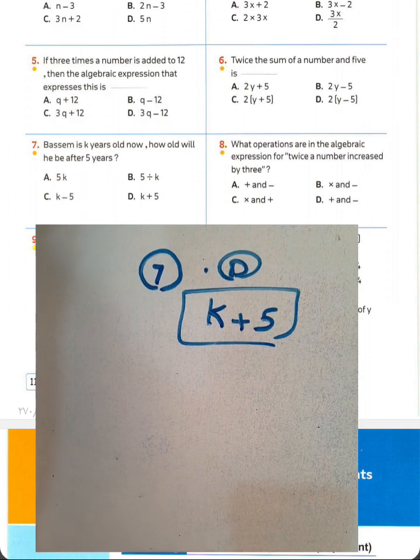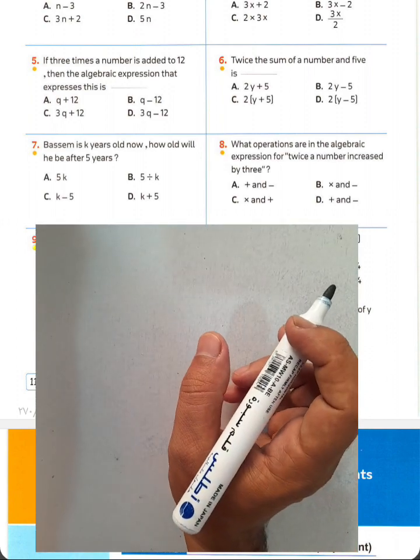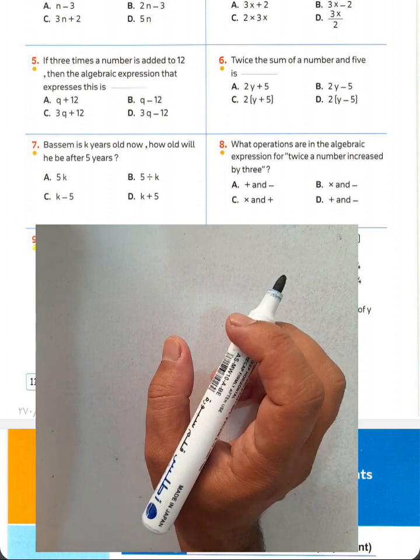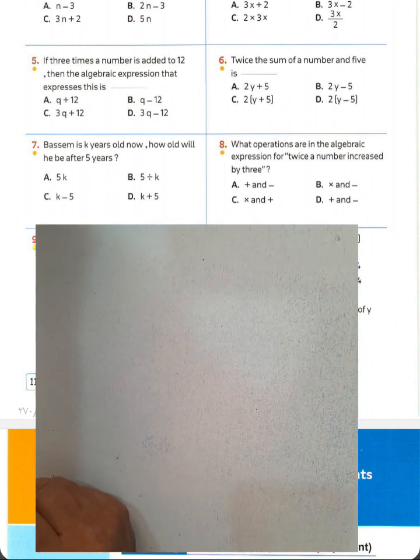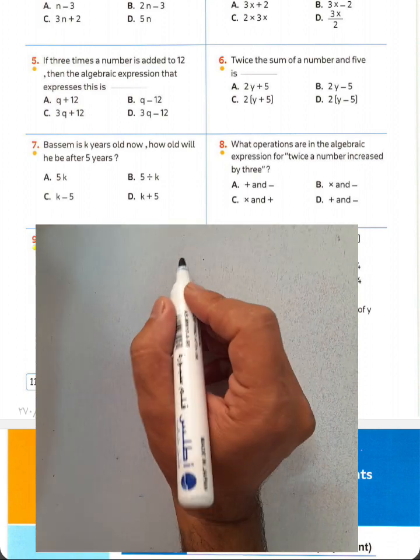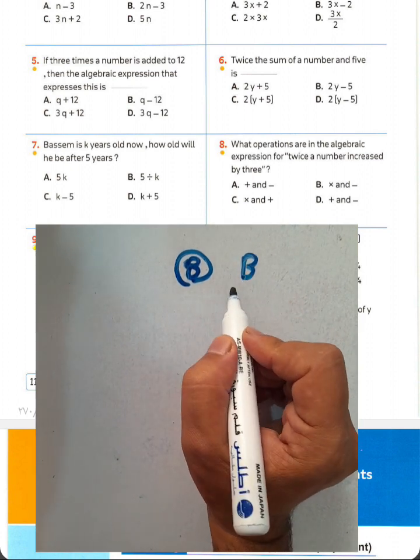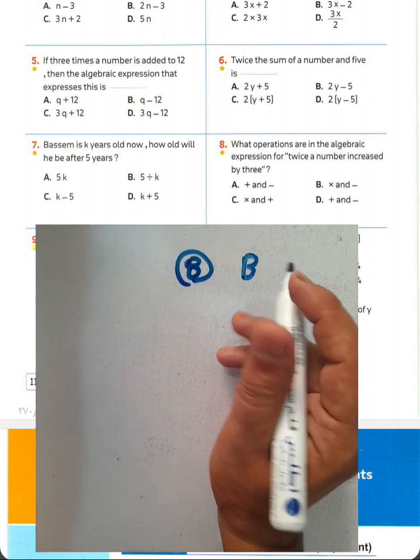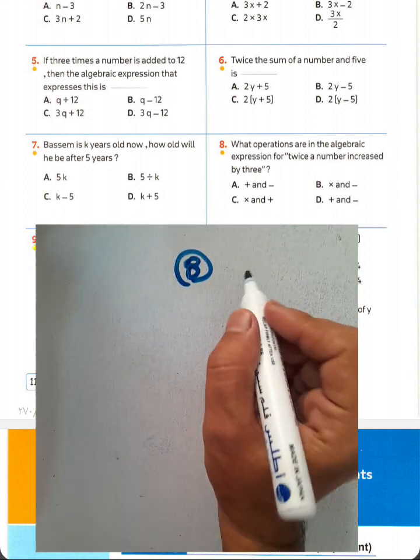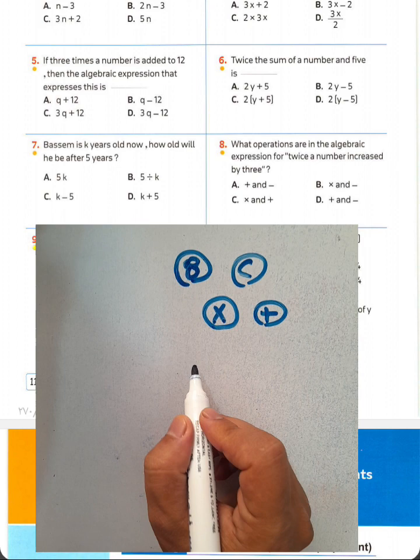Question number 8. What operations are in the algebraic expression for twice a number increased by 3? Increased means plus, and twice means multiplication. Multiplication and addition. Choose letter C. Why?